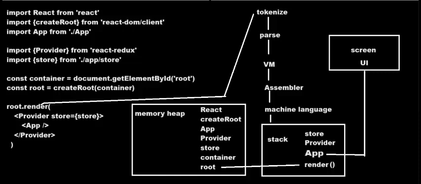And also, when in processing we have a function call, we take that function from the memory heap onto the stack, recursive solution, last in, first out, and the stack is clear, but we have a new value in the memory heap. Like here, we have container and we have root.